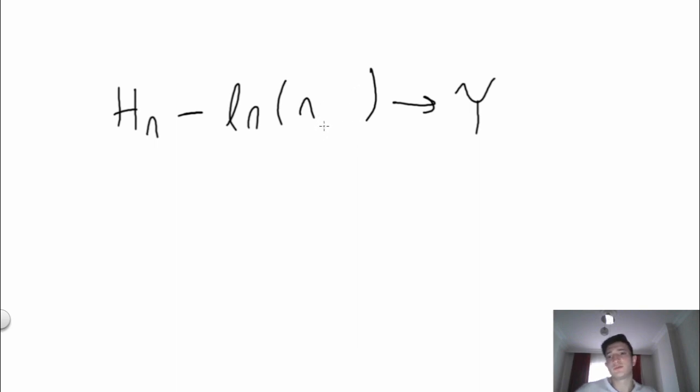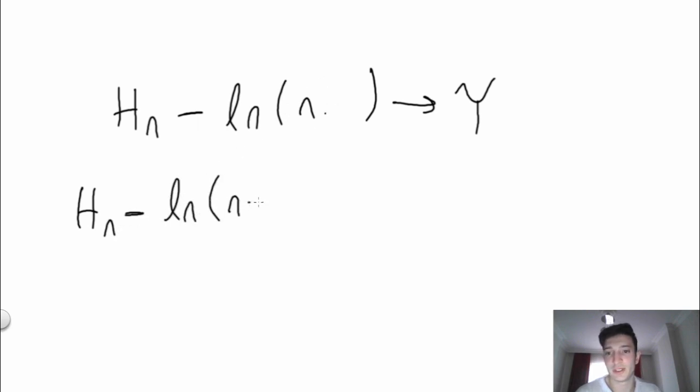So let's show this difference. Well, for example, I know that H_n minus ln(n plus 1) is convergent. I just showed that this is convergent to, let's say, this constant. So I can just say this is true for any a, okay?